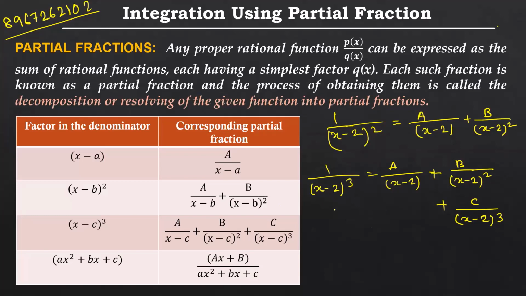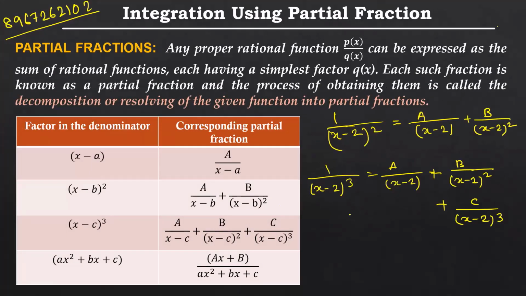So now if we increase the power of the denominator. Here everything is actually of degree 1. But if we take this type of term, suppose 1 by (x minus 2) into (x square minus 2x plus 3), then what do you have to do?